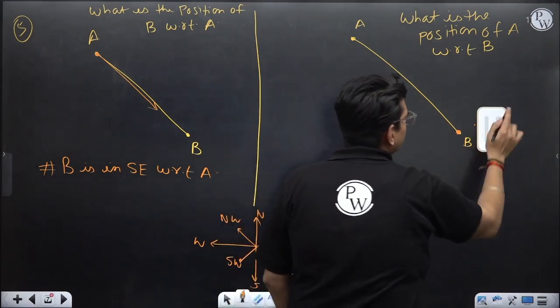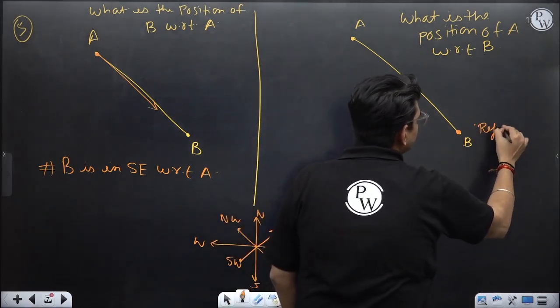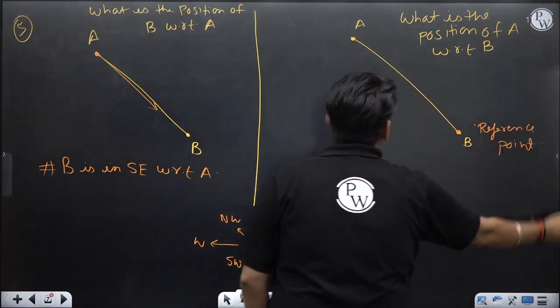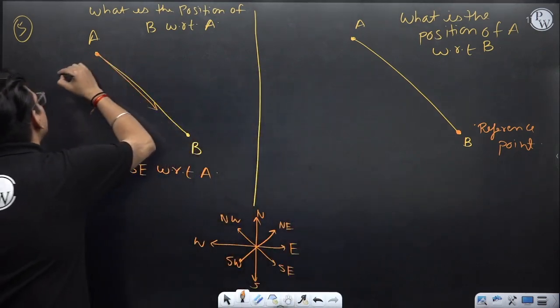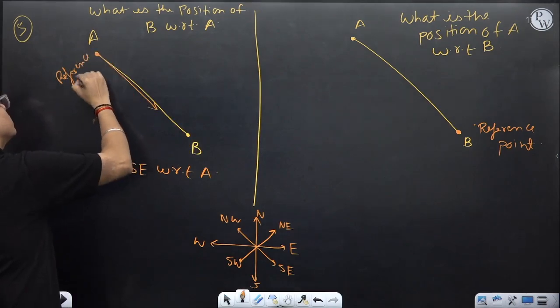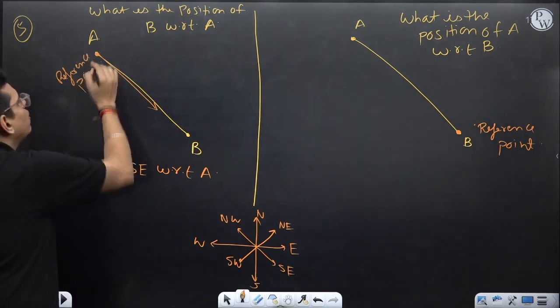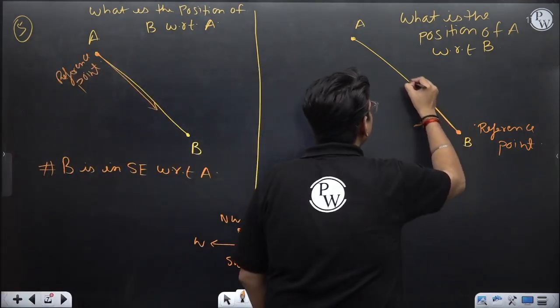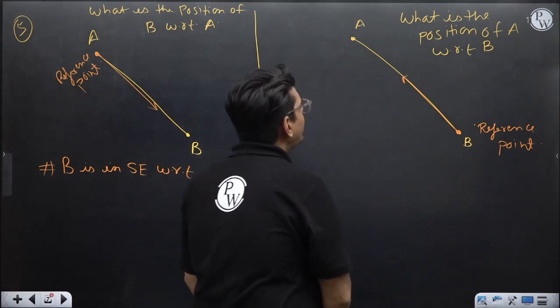This is our reference point, right? Here A was our reference point. Okay, so now from the reference point, we draw the directing arrow towards the point A.